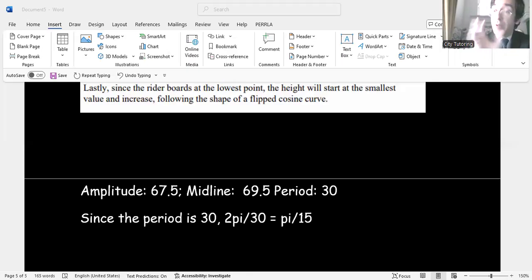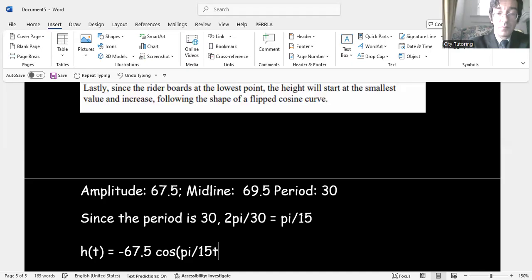And so now we put this together and create an equation for the rider's height: h of t equals negative 67.5 cosine of pi over 15 t, plus your midline, 69.5.